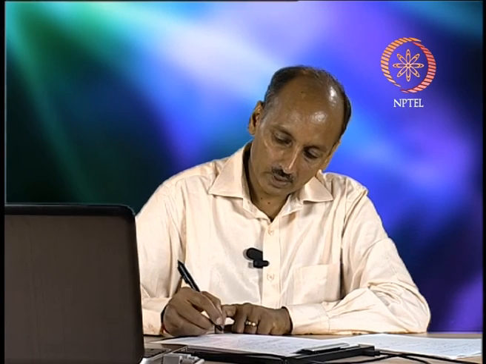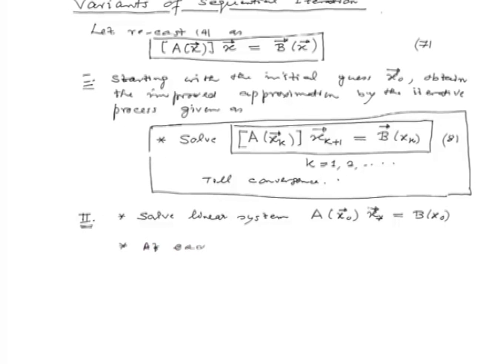initial guess, and then at each iteration solve the linear system A at x k bar. Now, this x k bar is different from our previous approximation, and we will see how to define this.